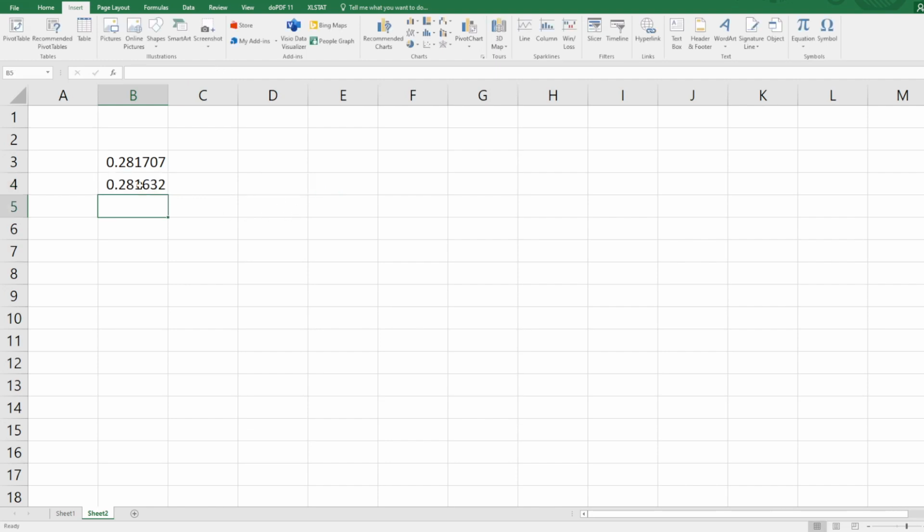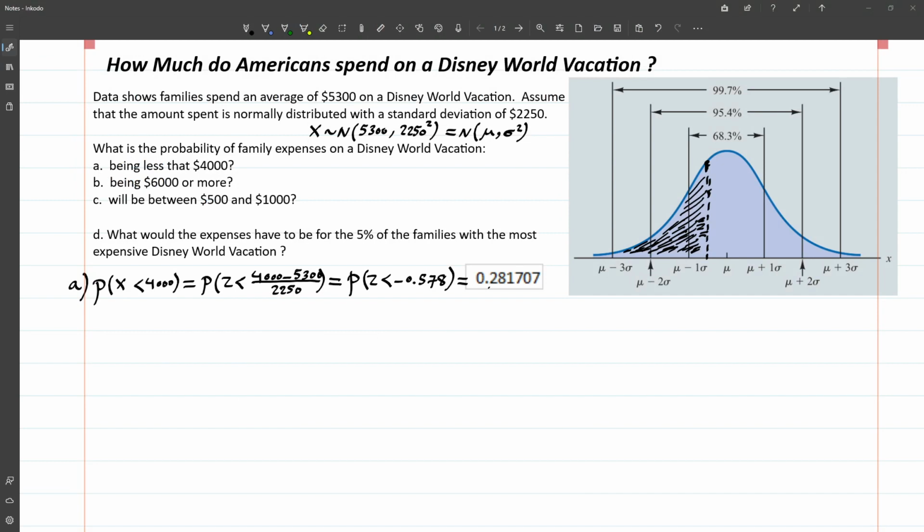There you go, roughly the same value. So we could use either the originally given values or the converted, standard normal random variable. Now going back to the question, we have the answer for part A.